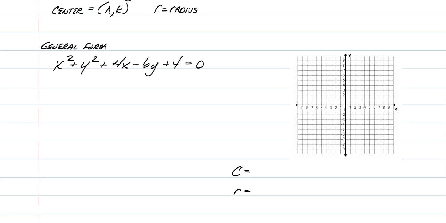In a circle's general form, you can tell it's a circle because you have two positive squared variables, and they have the same number in front. So usually it's just x squared and y squared, but every now and then it could be something like 2x squared and 2y squared.